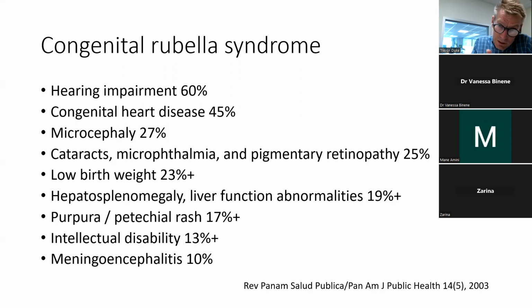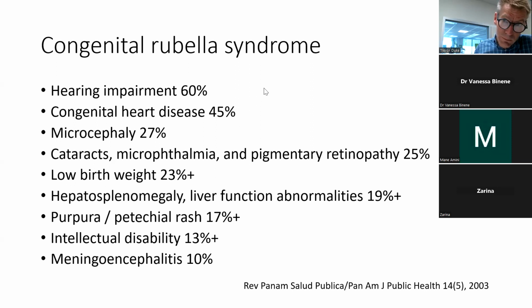These are in large series, in large analyses of all the data on congenital rubella syndrome. These are the proportions or the percentages of complications that occur to children who are born with congenital rubella syndrome.